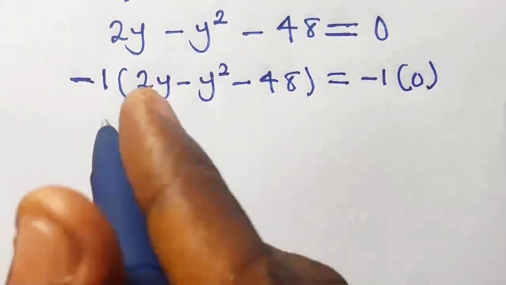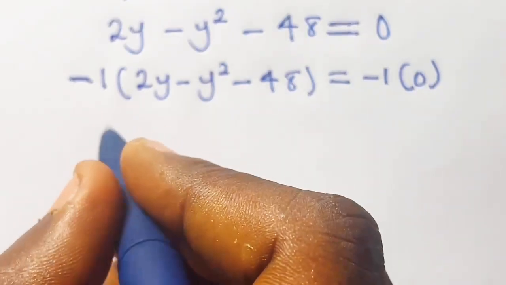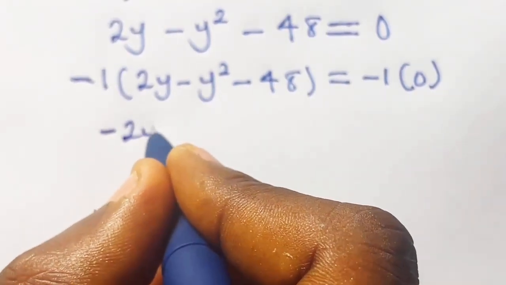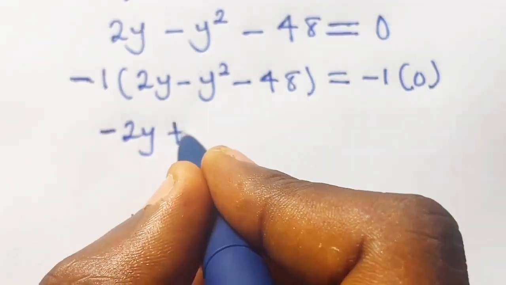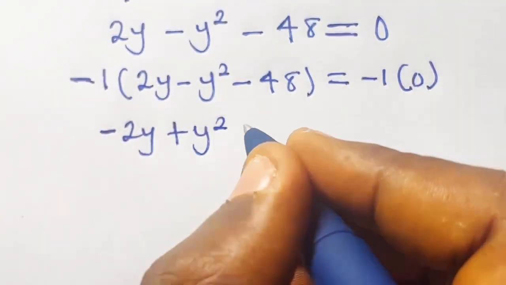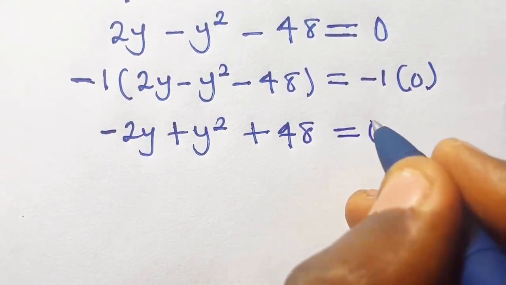Alright. From here, let's multiply out minus 1 times 2y. So we have minus 2y. Then minus 1 times minus y square, that is plus y square, plus 48 equals 0.